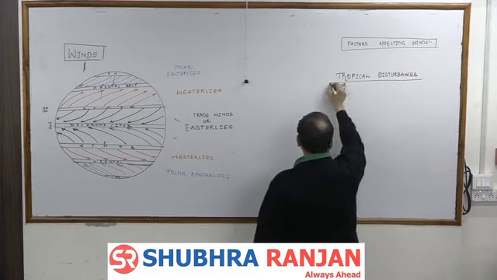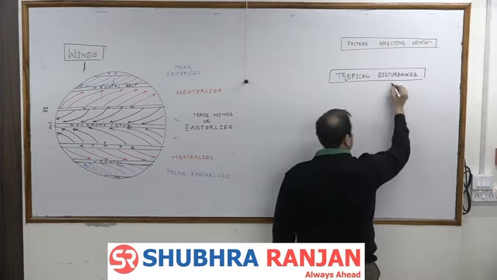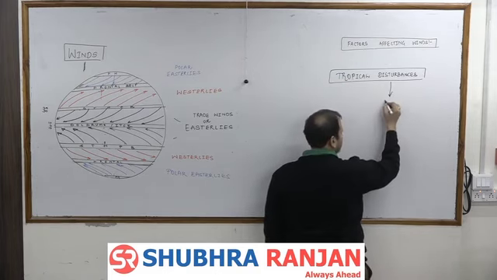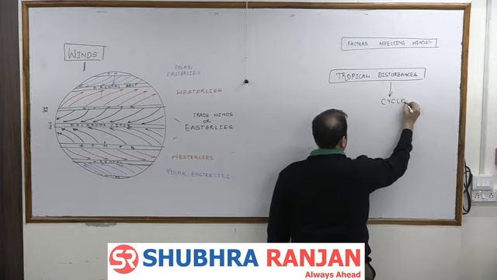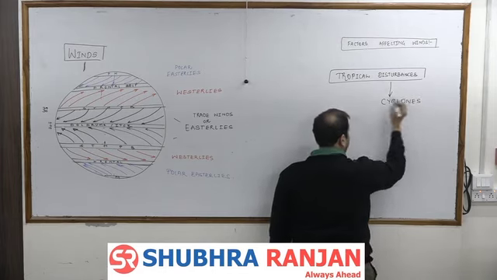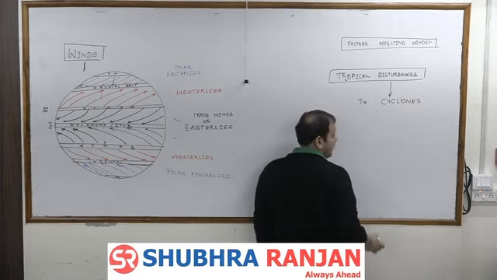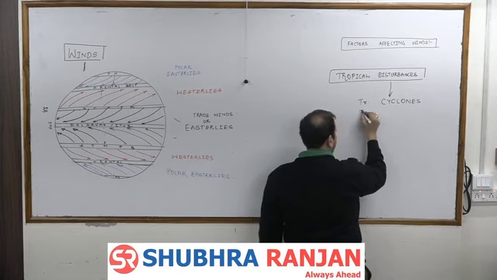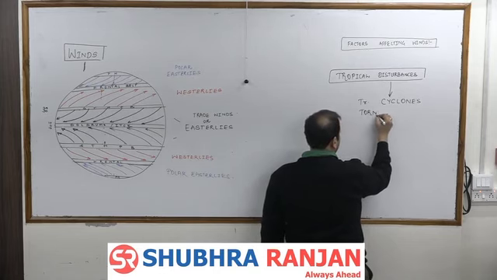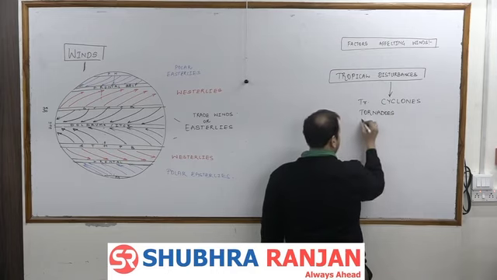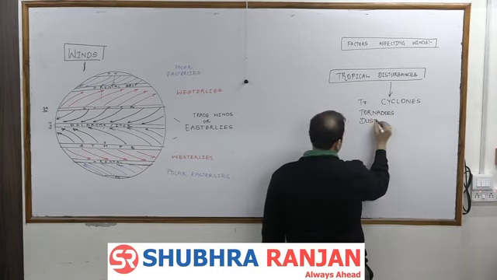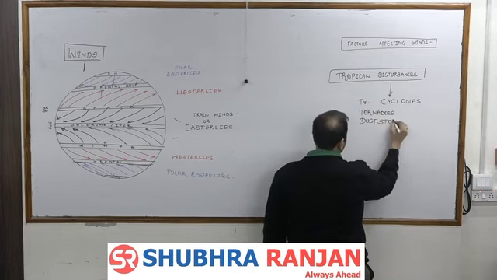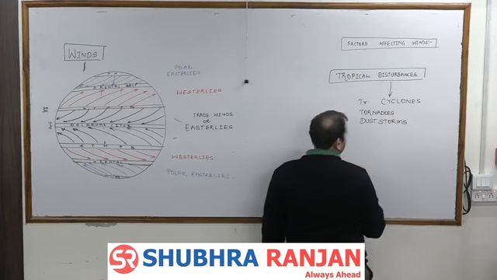Tropical and subtropical disturbances such as कौन से tropical disturbances? Such as tropical cyclones, right? Tropical cyclones, tornadoes, dust storms, thunderstorms.